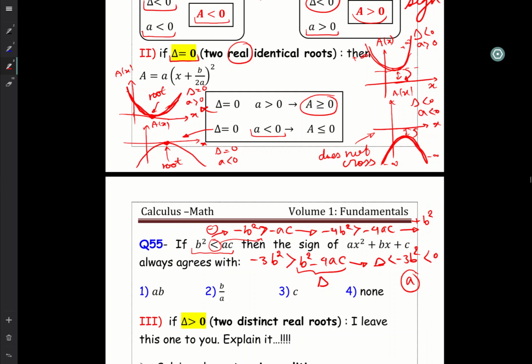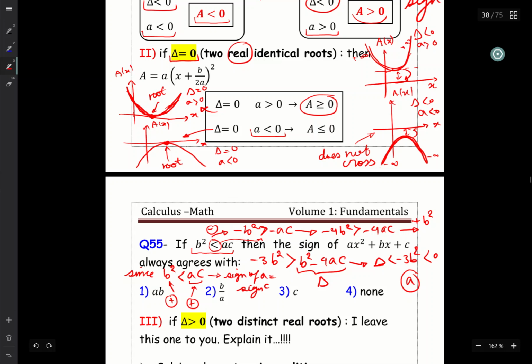So the sign of the equation agrees with a, but remember, since b squared is less than ac and b squared is guaranteed to be positive, then ac should be positive, right? And if ac is positive, the sign of a is the same as the sign of c, right?